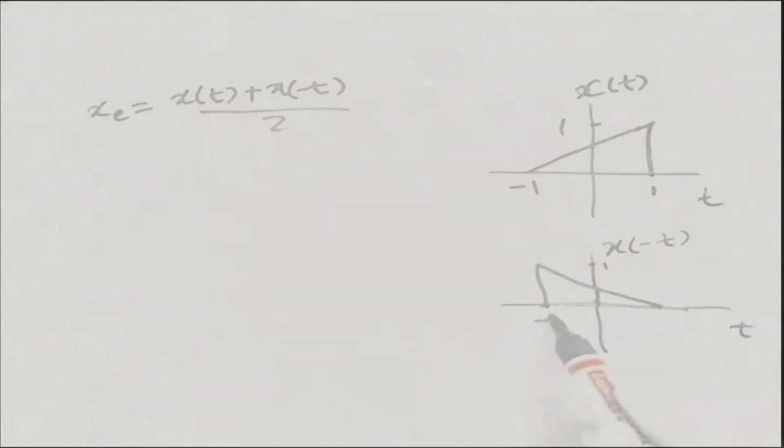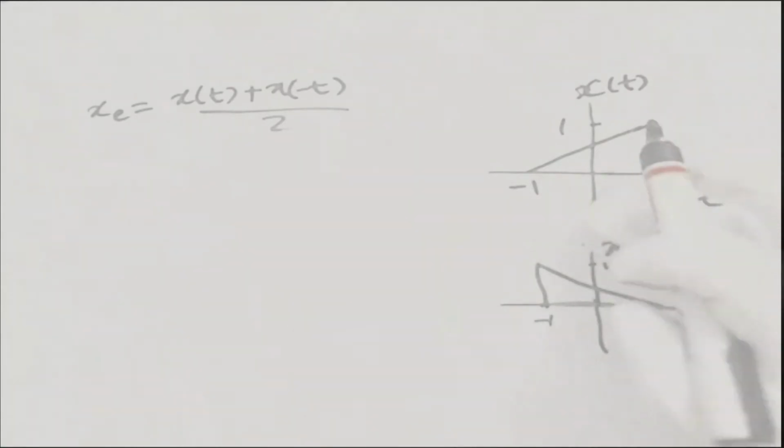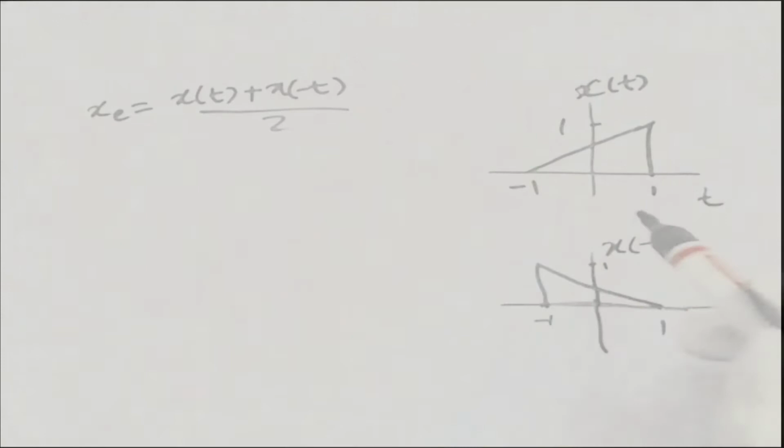Now if we add these two signals in order to obtain the even component, we'll be adding these two signals x(t) and x(-t). Let us try to add these points one by one. At t equal to minus 1, we have this value as 0, this as 1. So let them add, and let's say the resultant signal is drawn below.